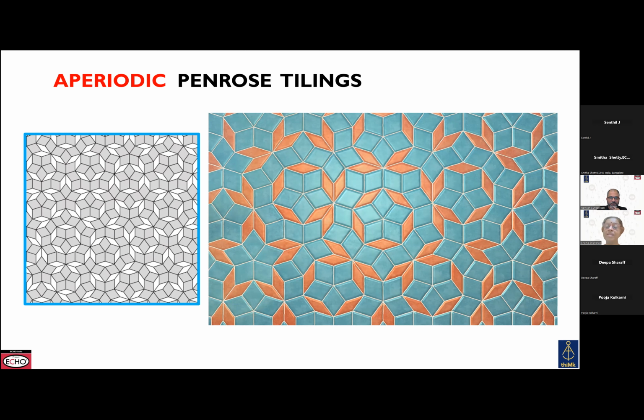And that means it has no translational symmetry whatsoever. So it goes on and on forever, but still nothing ever repeats. And that is something which people found totally amazing and really spectacular. And it is just made with 2 very simple tiles.